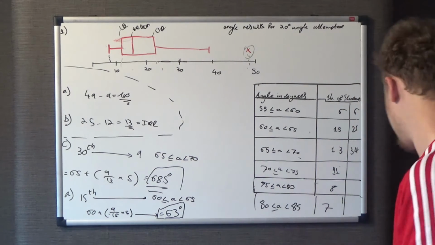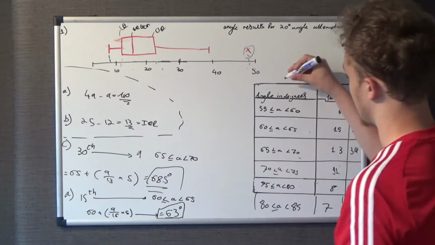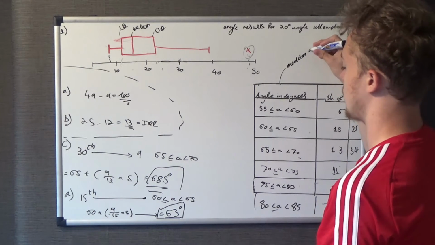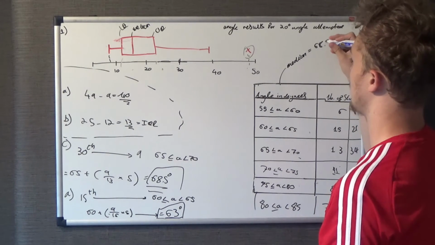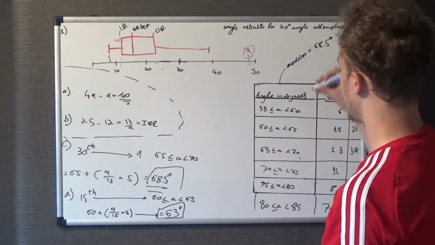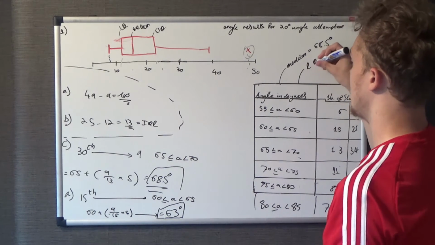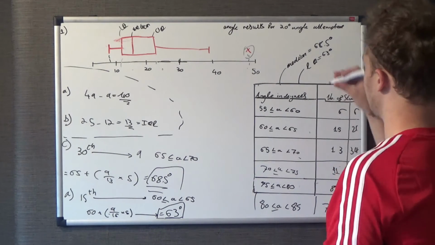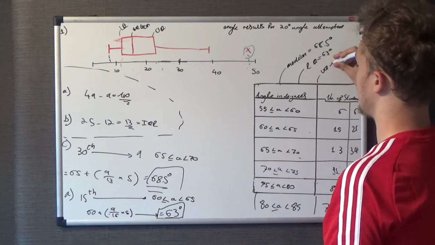Okay, so remember, part C we calculated the median. So we know the median of this group, we've just calculated it. So the median of the 70-degree angle was 68.5 degrees. We know the lower quartile, we've just worked that out, that's 63 degrees. And we've just been told the upper quartile is 75 degrees.